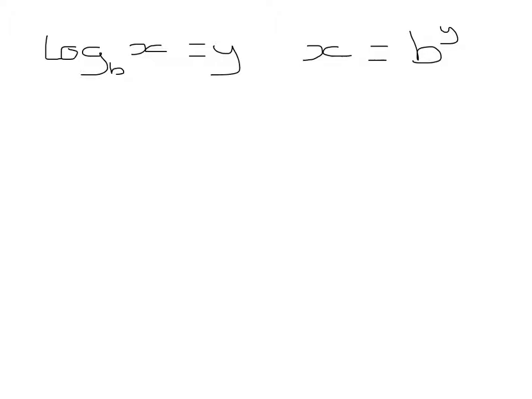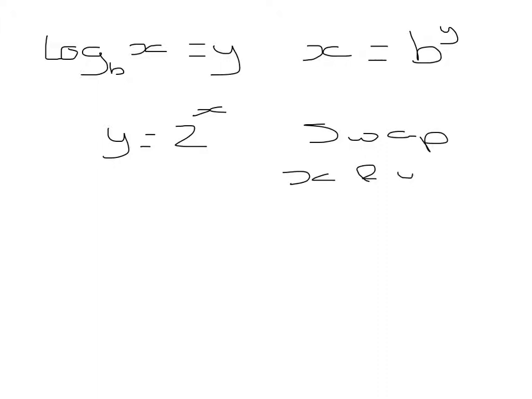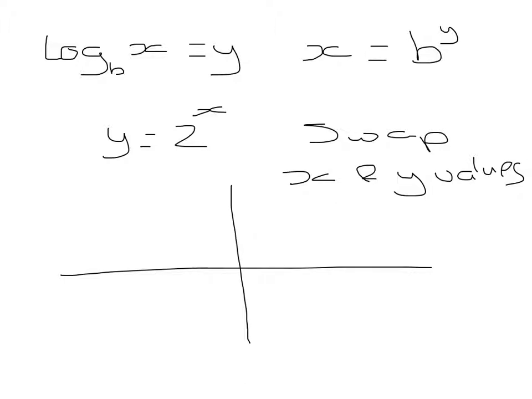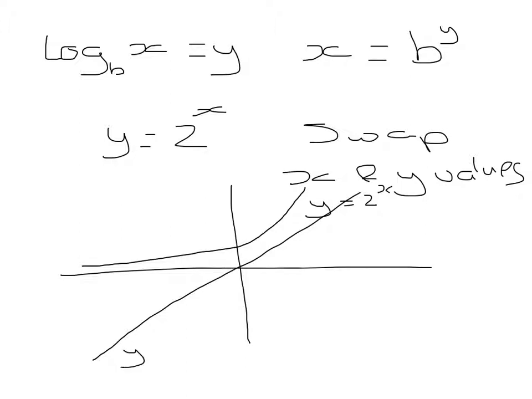And looking at this, we can see, to plot the log graphs, if we put y equals 2 to the x in your calculator, and then go to the table form, you just need to swap the x and the y values over when you're plotting it. Because the log graph is basically the exponential graph, y equals 2 to the x, reflected in the line y equals x.